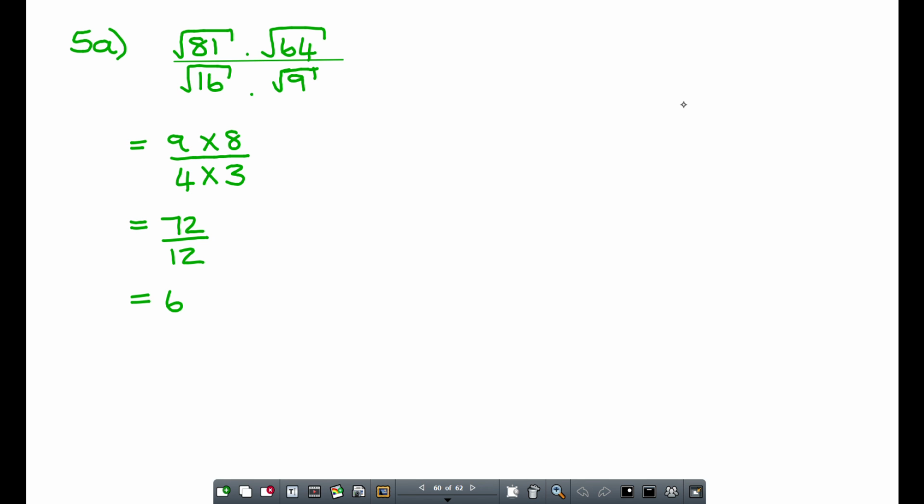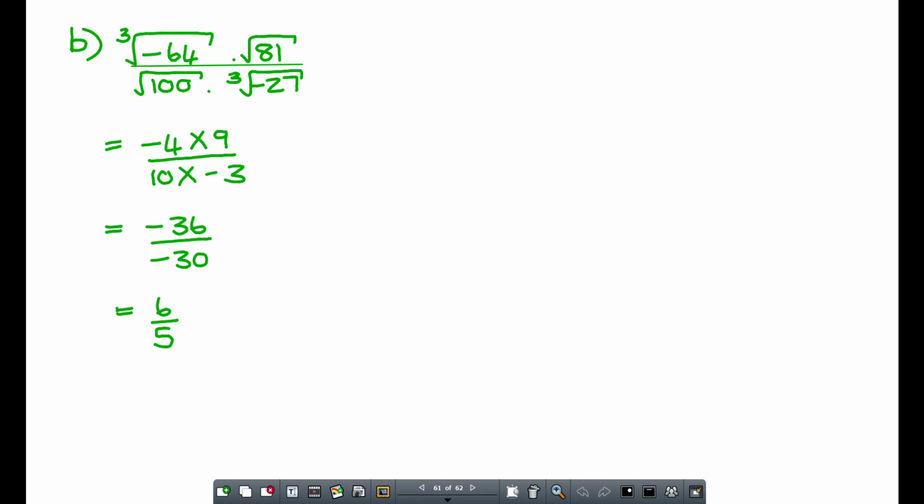Okay. Right, there's B. So cube root of negative 64 will be negative 4. Square root of 81 will be 9. Then at the bottom, square root of 100 is 10, and cube root of negative 27 is minus 3. Then we multiply the top parts, which gives me minus 36. Then we multiply at the bottom, which gives me minus 30.